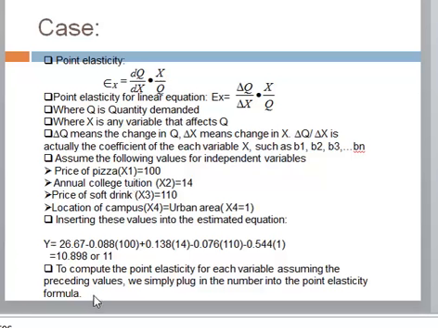So for the given information, we get the quantity demanded for pizza is 10.898, or we say 11.